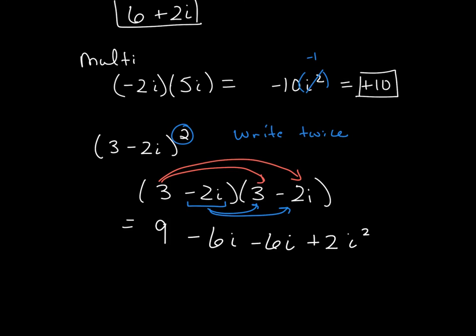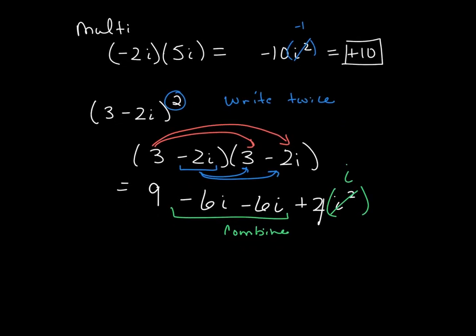But again, be very careful. I have to go through and combine like terms. So I'm going to go ahead and combine those because they're both i's. Negative 2 times negative 2 is a positive 4. So then I go through and just make that 9 minus 12i.